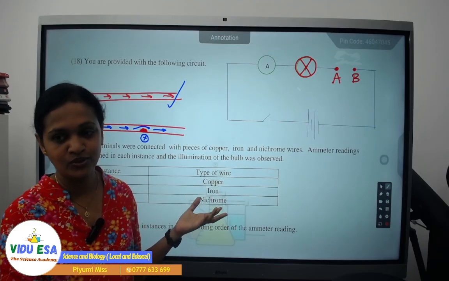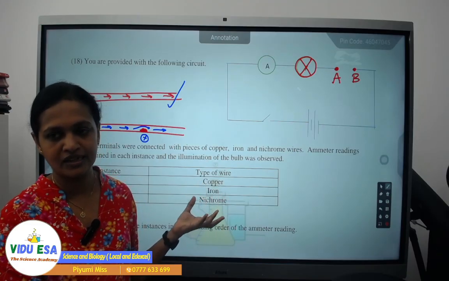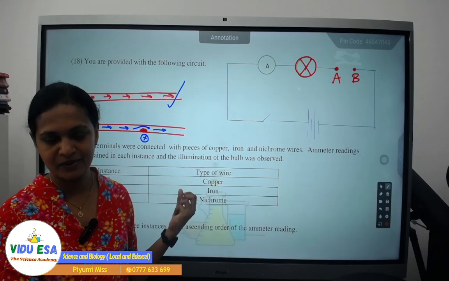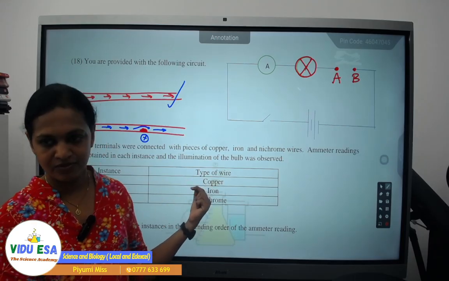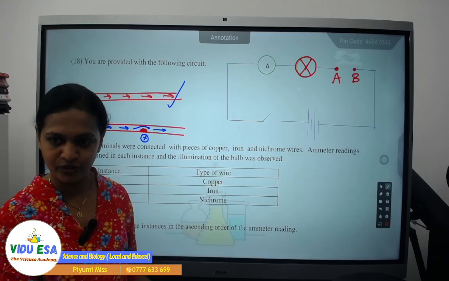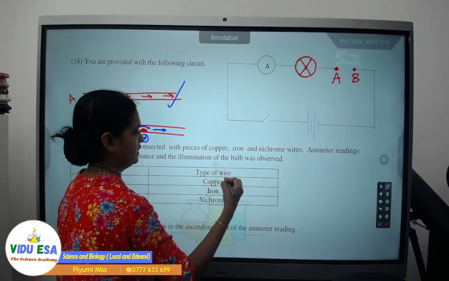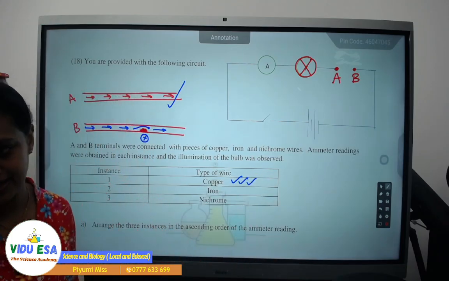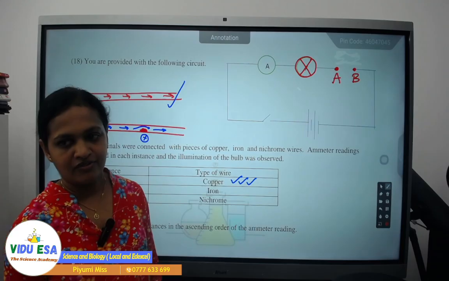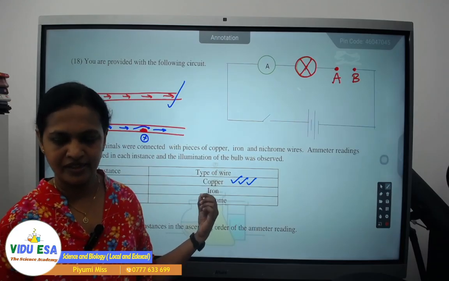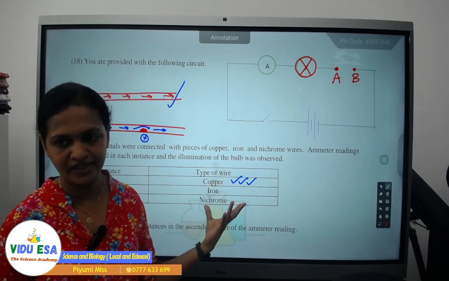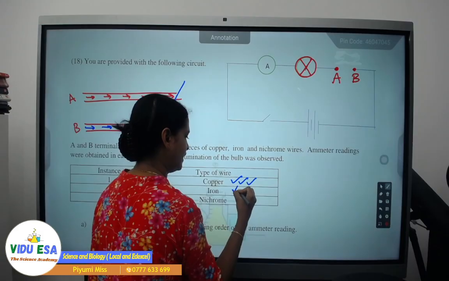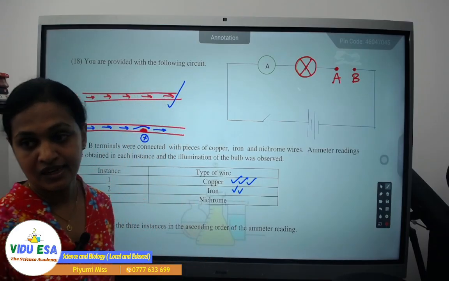There are some other good conductors, gold, silver, aluminium, but gold and silver are very expensive. Aluminium is also somewhat more expensive than copper. Therefore, we use copper wires as the conducting wires. Iron also conducts electricity, but it has a somewhat higher resistance than copper.